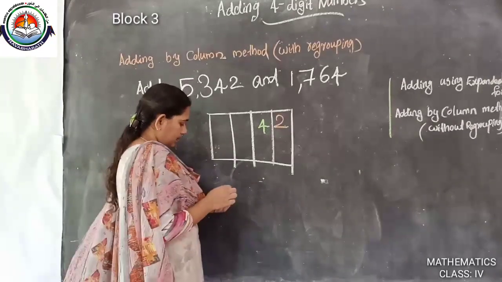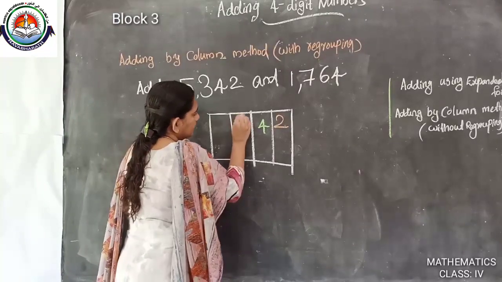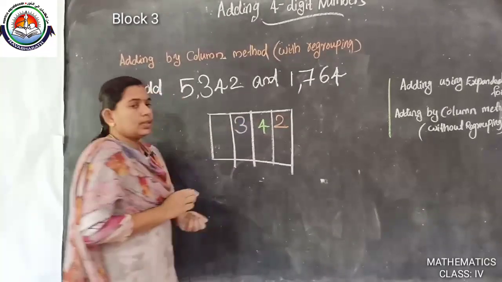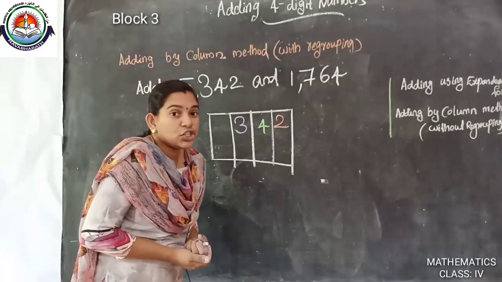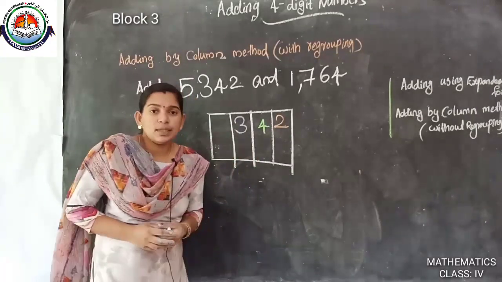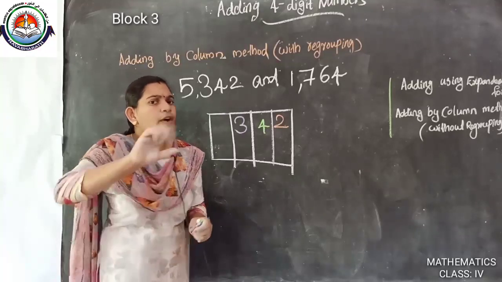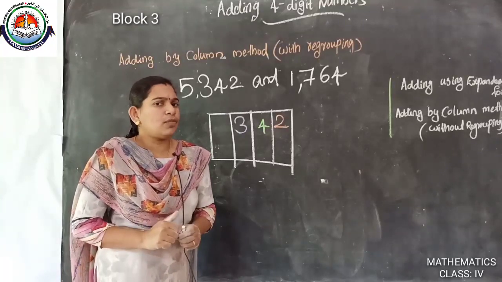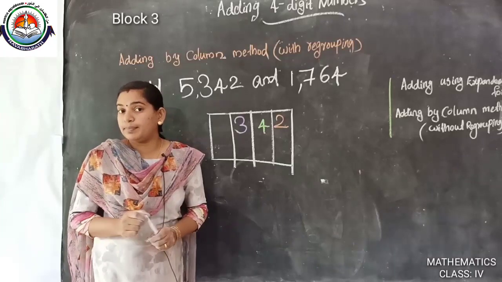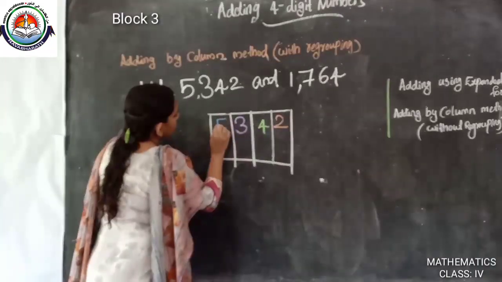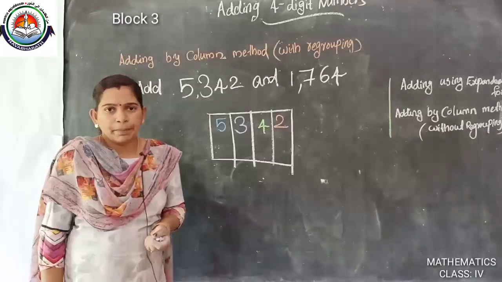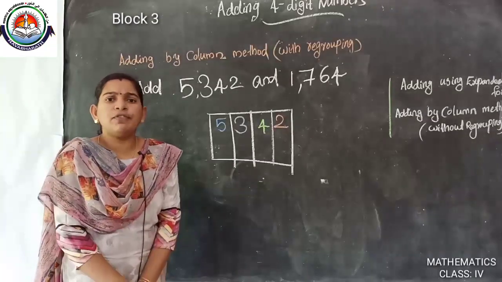Third. 3 in the hundreds place. The last digit 5, 5 in the thousands place. So we place it in the fourth column.